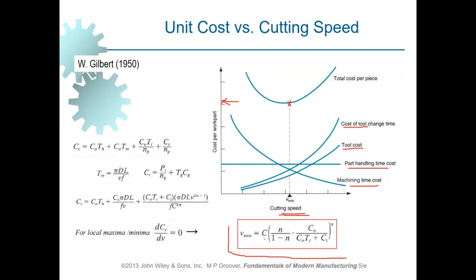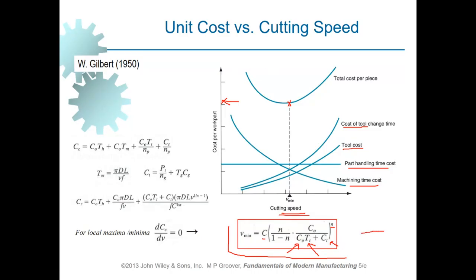In this equation, what we have included is again parameters C and n taken out from Taylor's tool life equation, plus Co, which is the operator cost rate per minute, and also tool changing time. This is what we already had, plus Ct, which is the cost of the cutting tool.